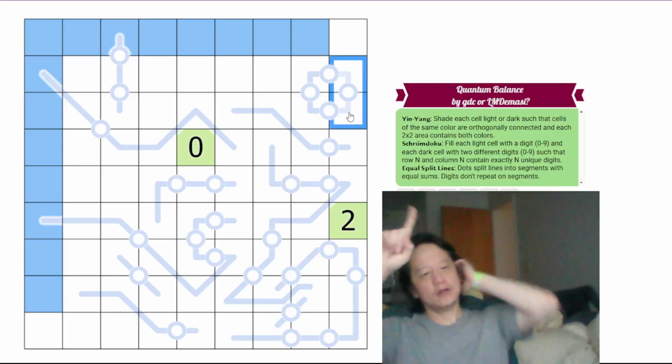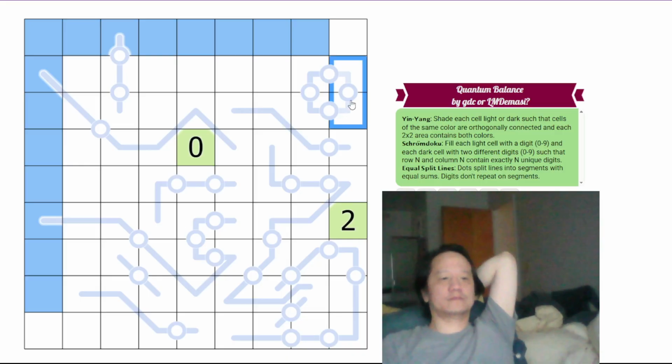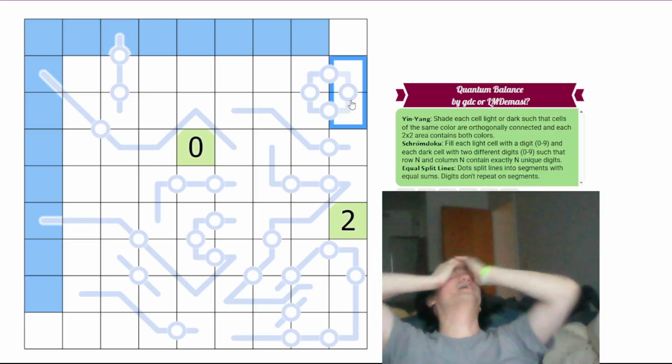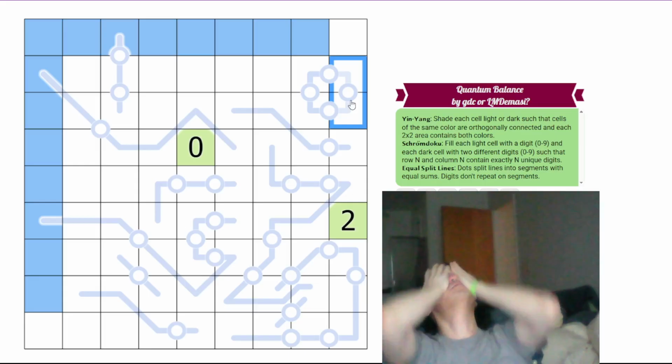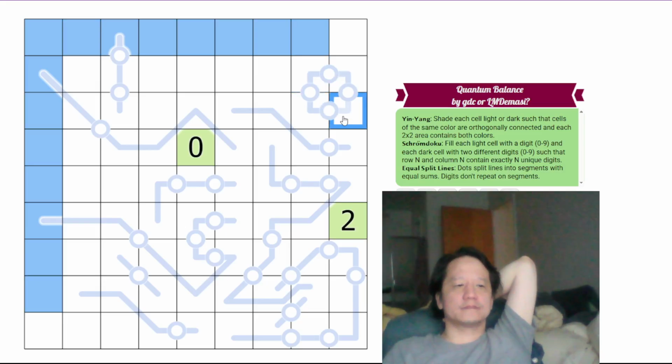So okay. What I'm thinking is that, oh, this is funky. Oh, wow. So these sum to the same sum in these cells, they could just be the same digit, right? So it could be all green here.